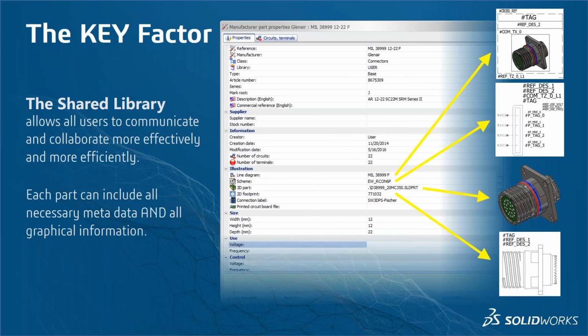These graphical representations are all tied back to the manufacturer part. So if I need to make a change or add additional metadata to my manufacturer part, I can push that information out to all of those different examples that we see on the right-hand side.